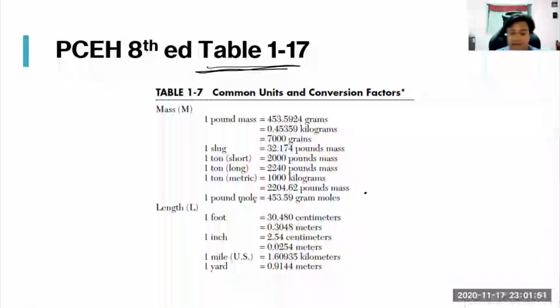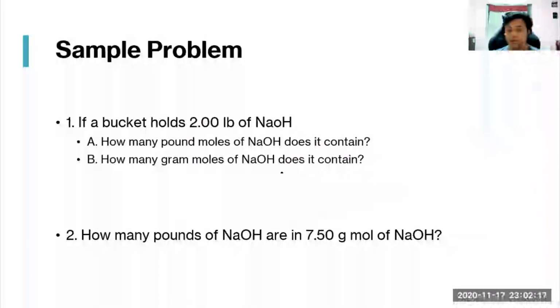The most important conversion that we will be using here is 1 pound mole equal to 453.59 gram moles. If you can't memorize the 454 gram moles to 1 pound mole, you can find it in your Perry's. Let's get into a sample problem.